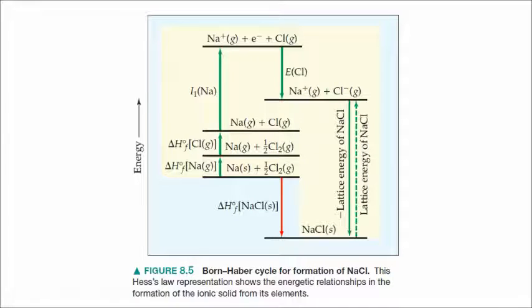The next step involves the addition of an electron to chlorine, so that's the electron affinity. And then finally, the step that you can see that goes all the way from top to bottom, from Na+ and Cl- down to NaCl solid, that is the lattice energy that we're talking about. So we're going to use information to calculate the lattice energy.